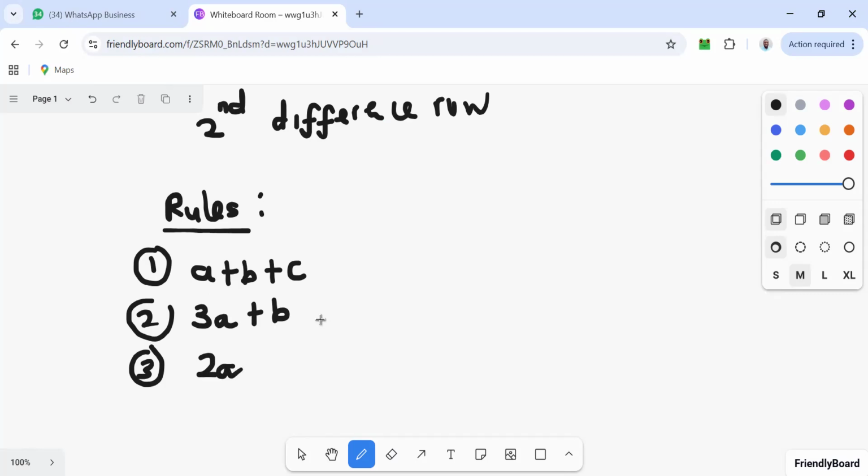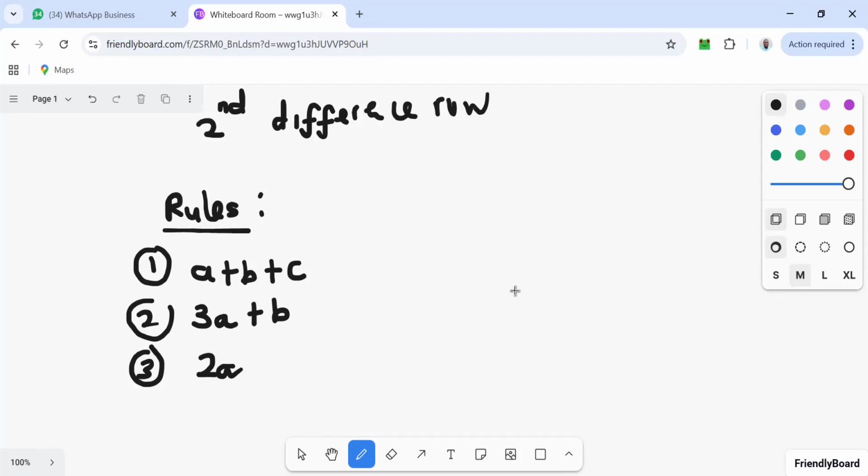All right, so let's look at an example of a quadratic pattern, and then we apply these rules and come up with our general term.